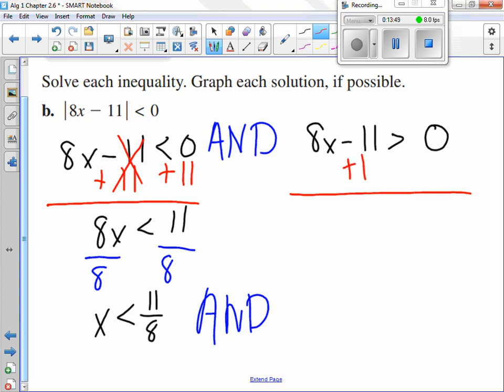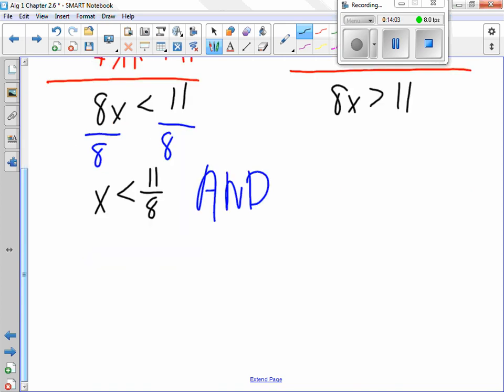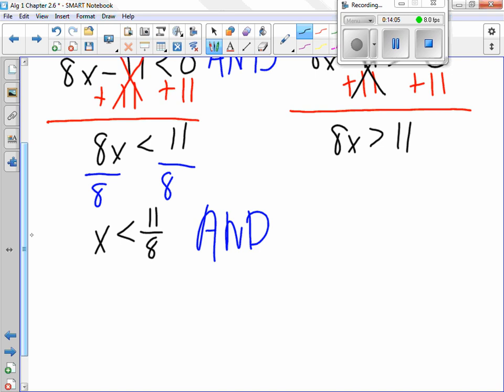Well, we'd actually add 11 here, because negative 11 and positive 11 would cancel, leaving us with 8x is greater than 11. And then what would we do next? We would divide both sides by 8 and get x is greater than 11/8.